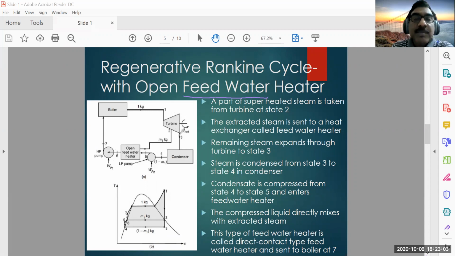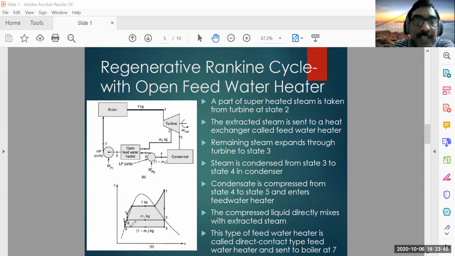The steam from the exit of the turbine goes into the condenser, and from the condenser the condensate, meaning the liquid, goes to the feed water pump, which pumps the water to boiler pressure. This is the typical setup. In the regenerative Rankine cycle, we are trying to increase the mean temperature of heat addition.